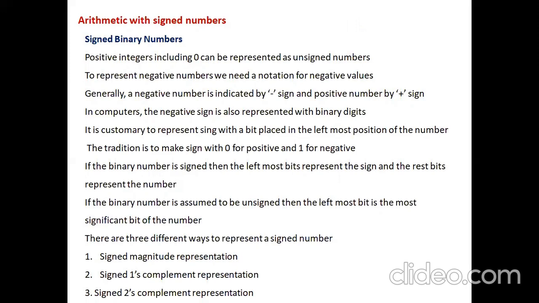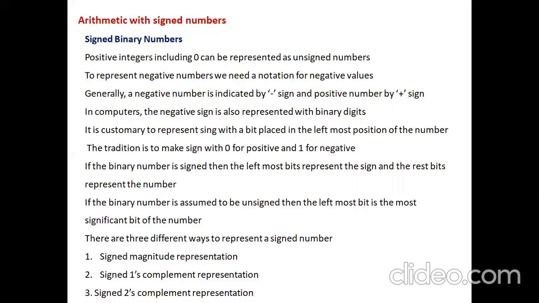If it is unsigned numbers, simply we take the number normally and we will do it. If it is in binary representation, simply we can add and subtract. But when we consider the signed number, we have to consider the sign also, and we have to represent the sign also in the bits itself. That is what we have to think over.